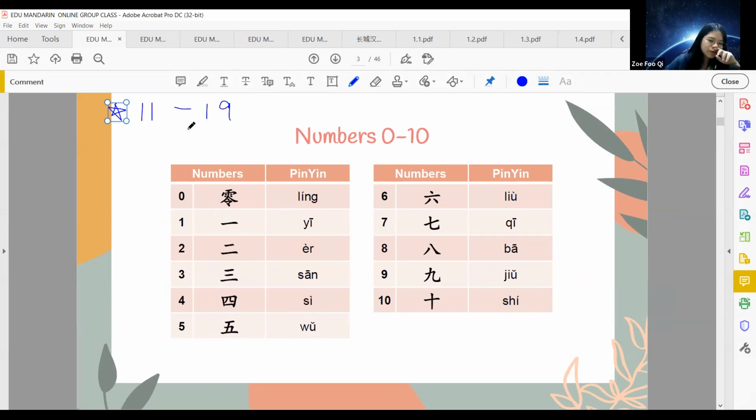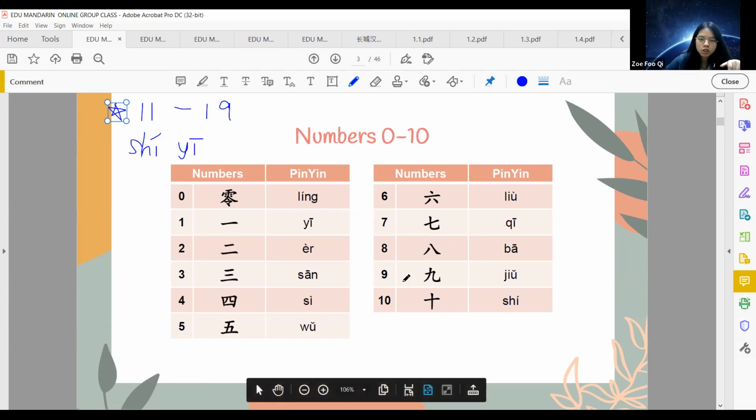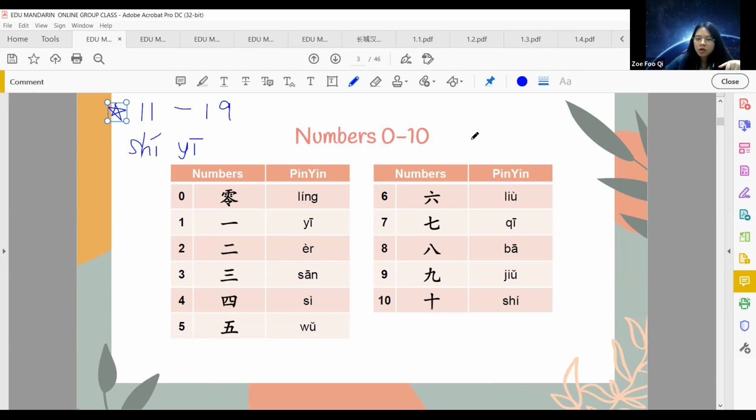For 11 to 19, we need to put the 10 first, then we put the digit. So this one will be 11. Then you can continue until 19, and after that will be 20, right? So it will be 2 and then 10.